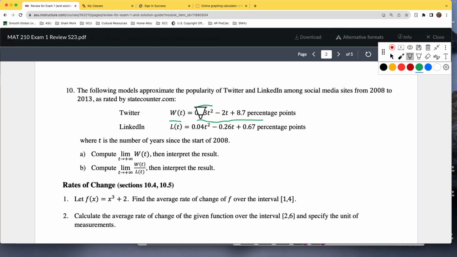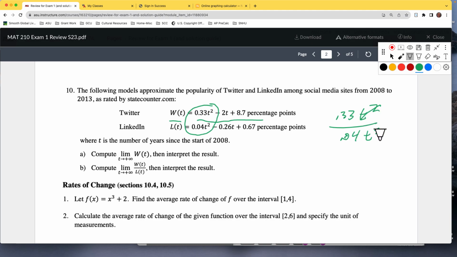The largest exponents, again. And again, you could graph this, and you would also see that it's going towards this value. But what is this? This is 0.33 t squared over 0.04 t squared.